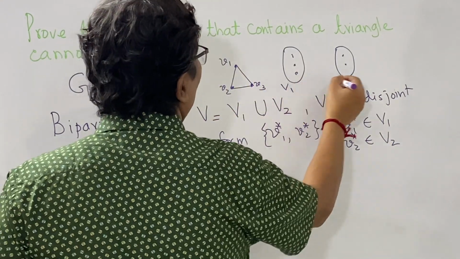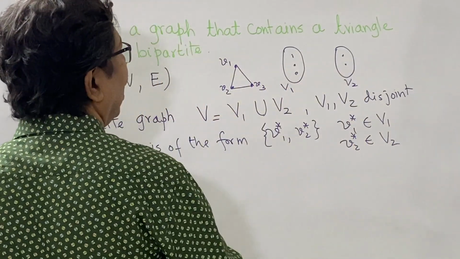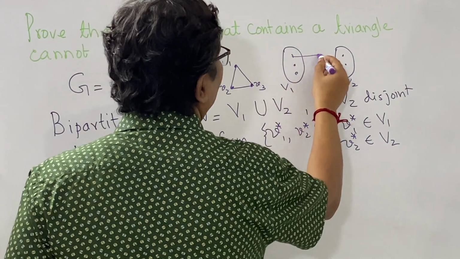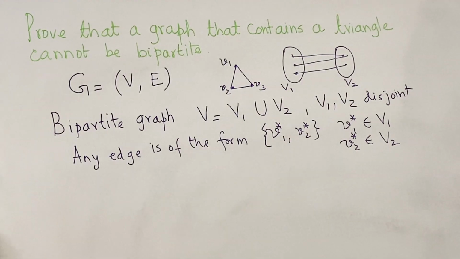So if this is V1, this is V2, then the edges are of this kind. There is no connection between the vertices within V1, nor between the vertices within V2.